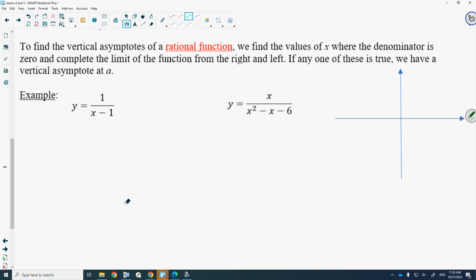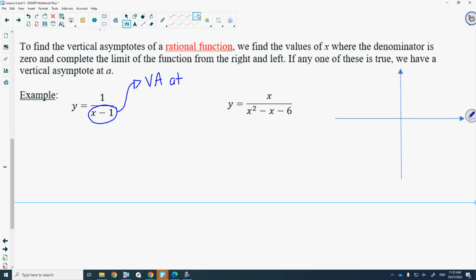Okay, how do we actually figure this out though when we don't have calculators and we can't graph this on a calculator? So let's look at these two functions here. y is equal to 1 over x minus 1. The first thing you have to realize is that there's a vertical asymptote here. Maya, what would be the equation of the vertical asymptote for this one? x equals 1.